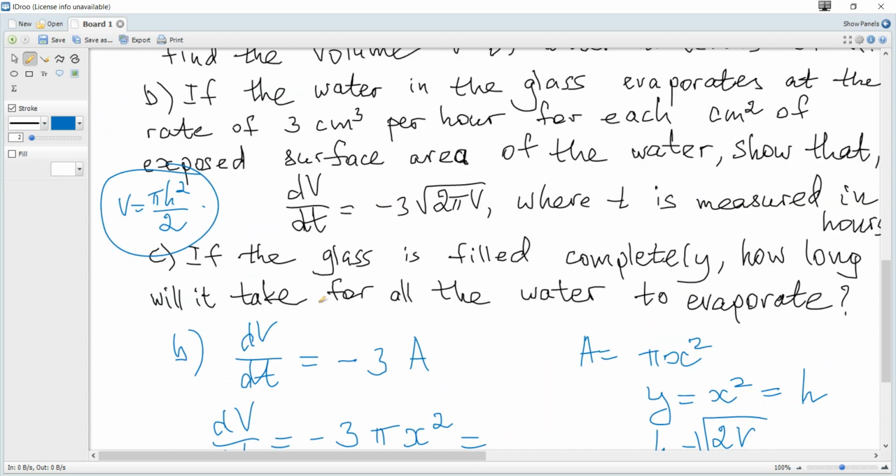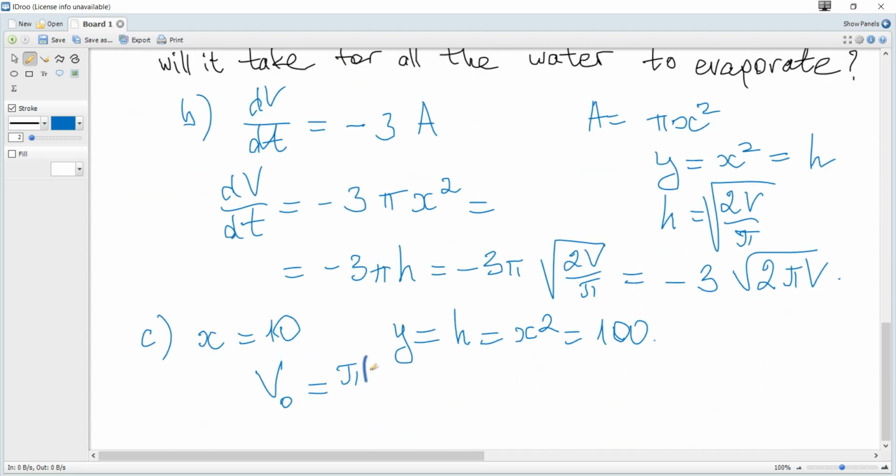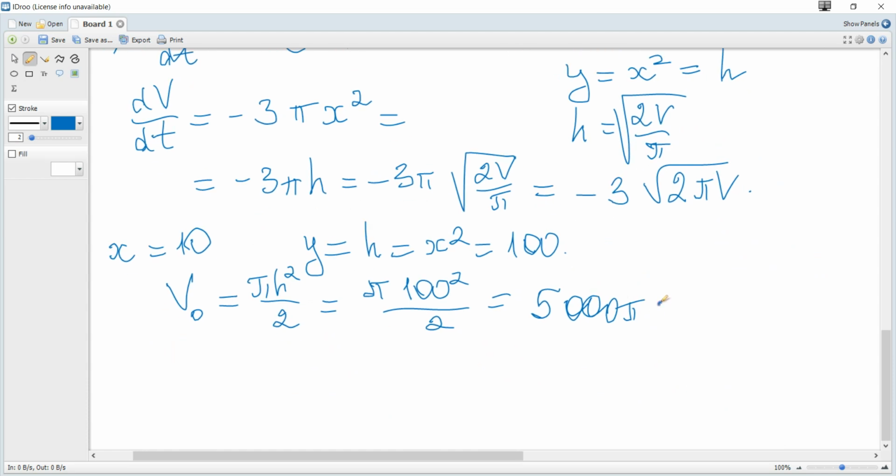Our formula for the volume is pi h squared over 2, with h equal to 100, so 100 squared over 2 times pi, which is 5000 pi exactly, or 15700 centimeters cubed to 3 significant figures.